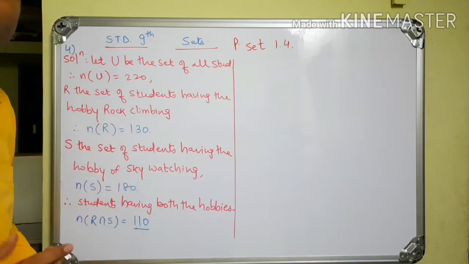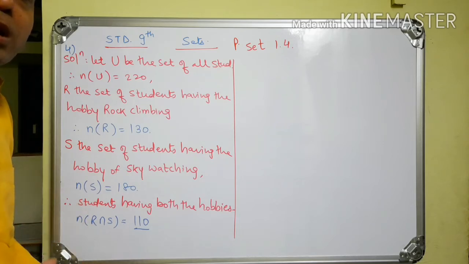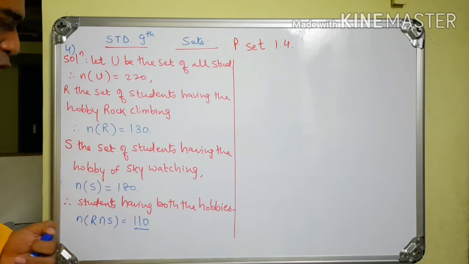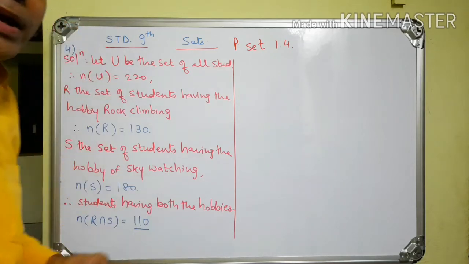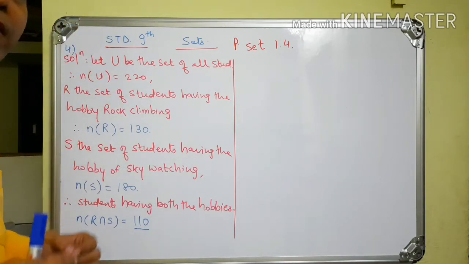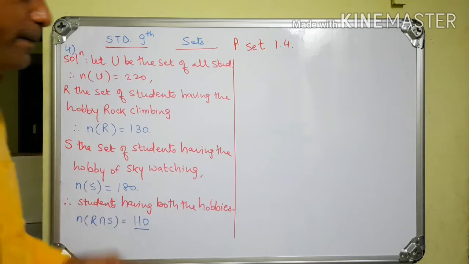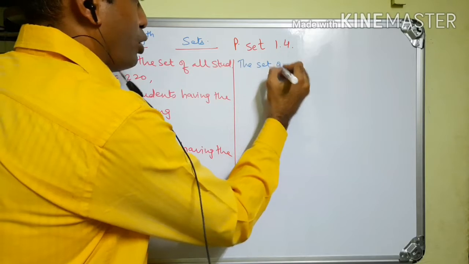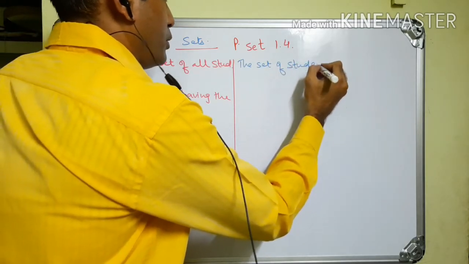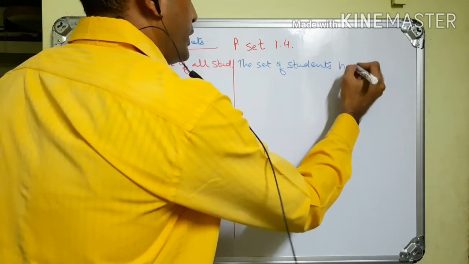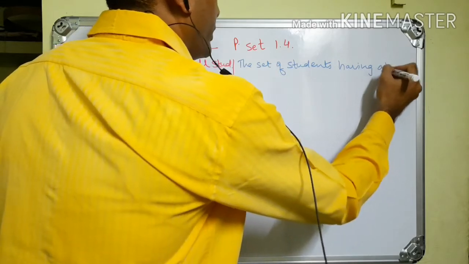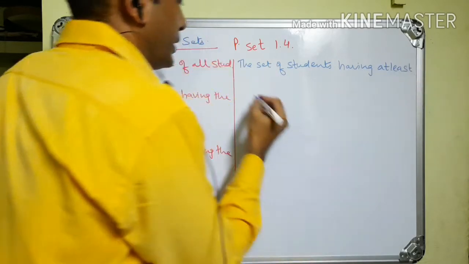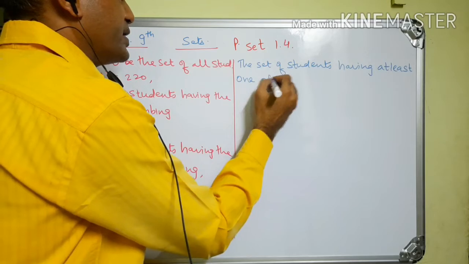Now we have to find how many students have only the hobby of rock climbing, or only the hobby of sky watching, or how many students do not have any of the hobbies. First we will find how many students have at least one of the hobbies.